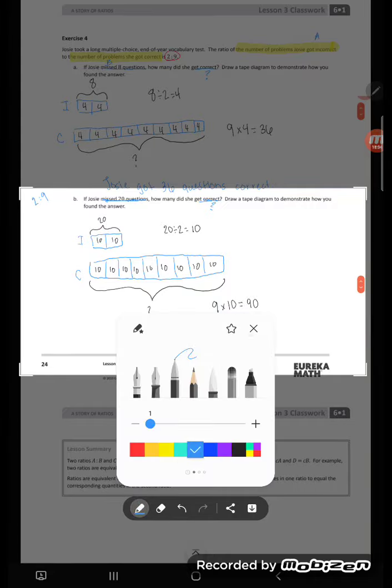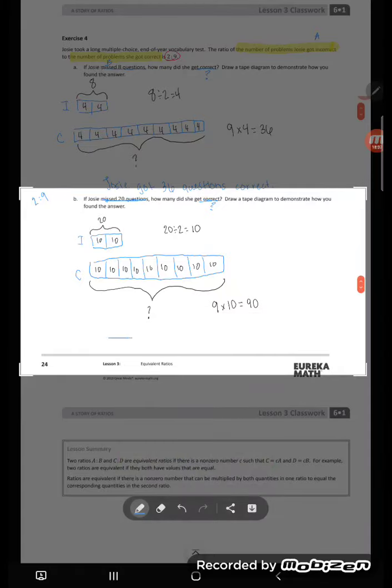And write a really clear sentence of Josie got 90 questions correct. Nice work. I want you to complete exercise 4, if you haven't already, and figure out what ratios we can say are equivalent to 2 to 9.